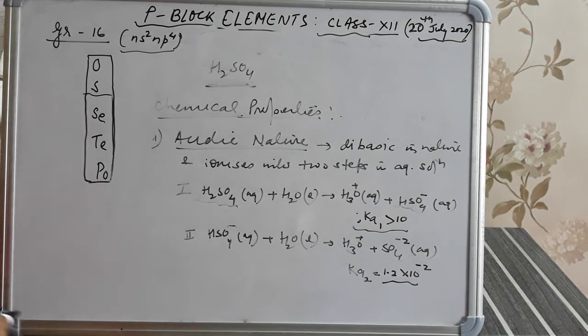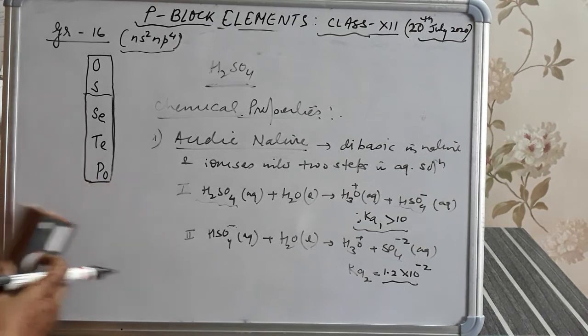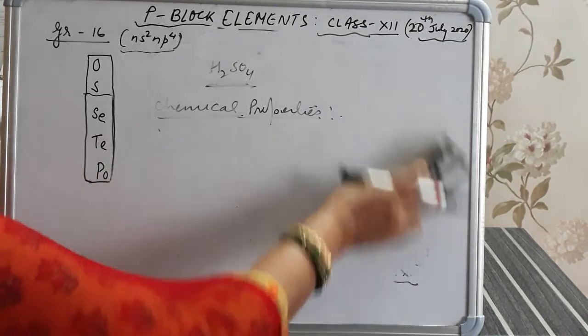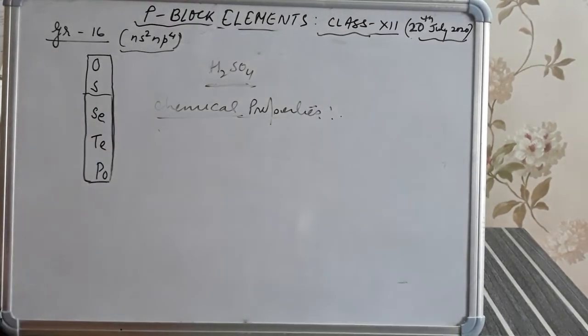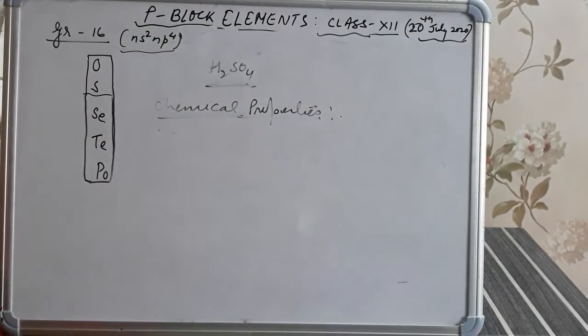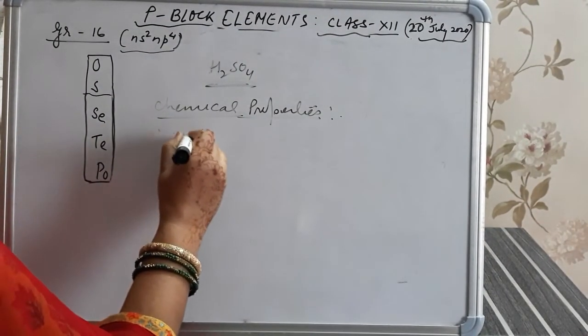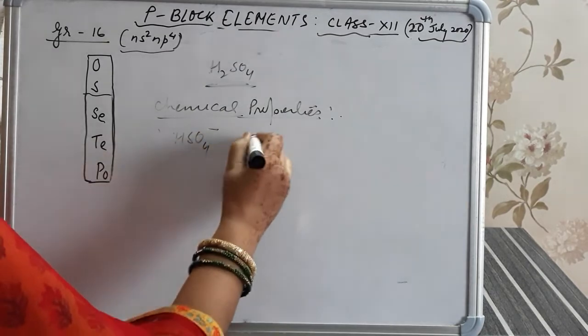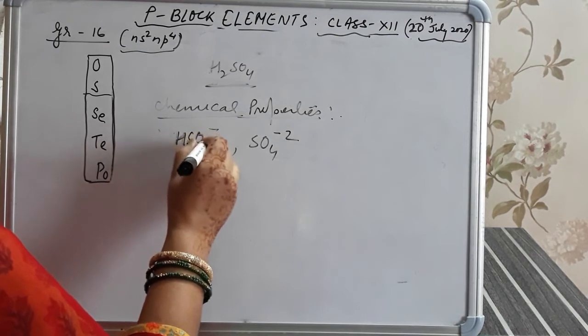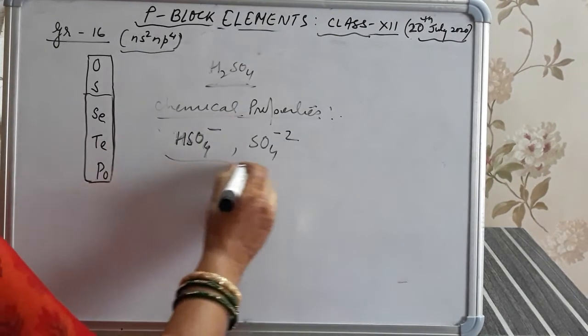Next we discuss the properties of acidic nature. As we see here, after ionization it forms two series of salts, that is bisulfate and sulfate salts: bisulfate HSO4 minus and SO4 2 minus.